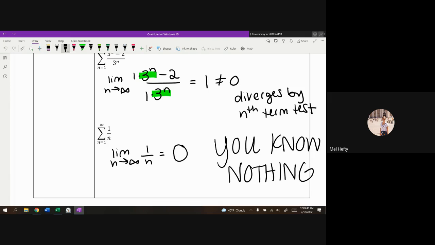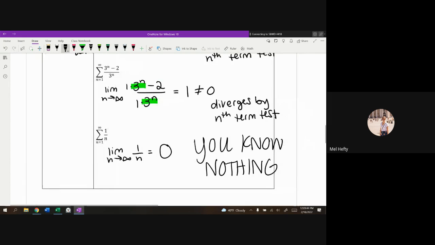So I really want to emphasize this though. Everyone really pay attention for a second. This test is easy. Yes, you're going to want to use this test for everything. You cannot ever use this test to say that something converges. We are going to run into so many series where the terms get smaller and smaller, but they diverge because of other things that happen.